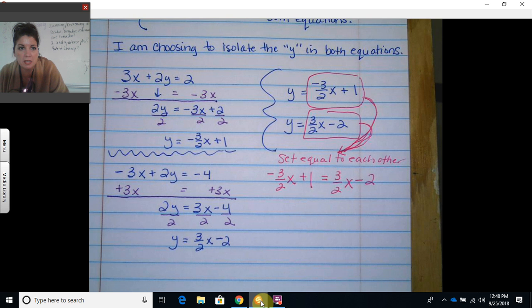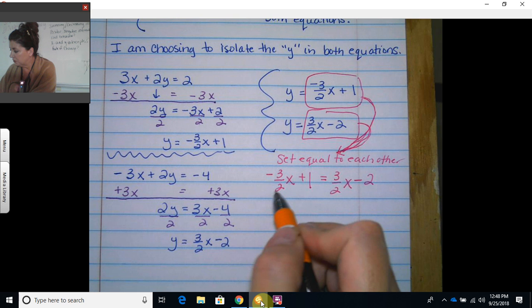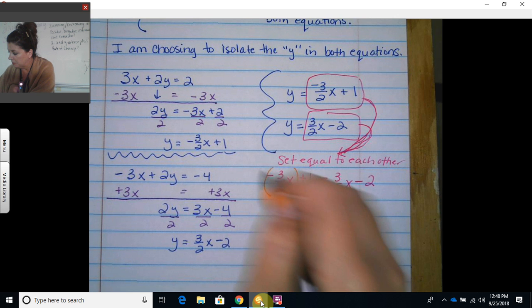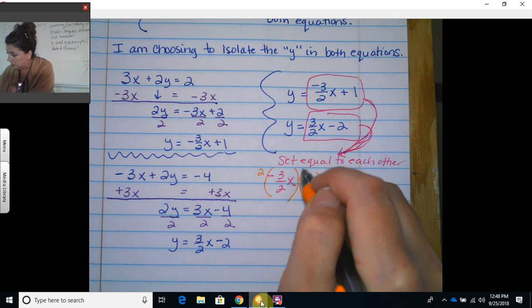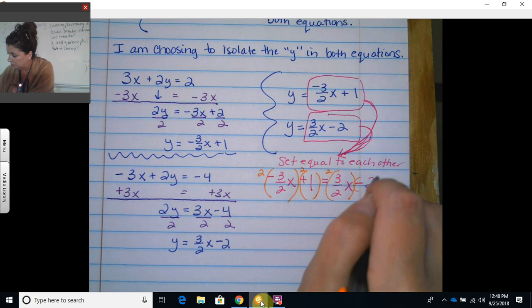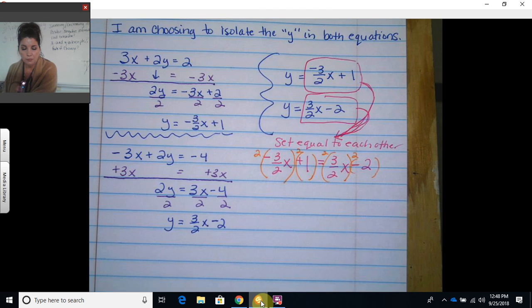So what would be a common denominator that I could multiply every term by and it would make my fractions disappear? 2. I've got a denominator of 2, a denominator of 2. So each term, I need to multiply by 2 to clear the fractions. So in the first term, 2 times negative 3 halves x.